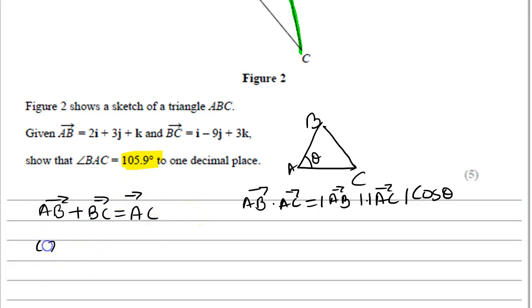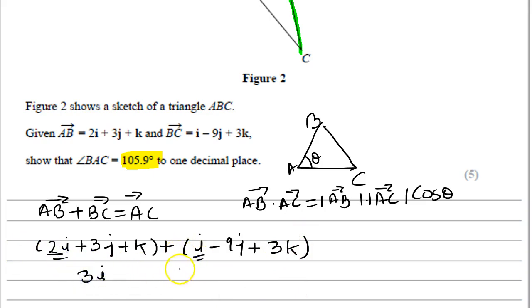AB is given here as 2i plus 3j plus k, and BC is i minus 9j plus 3k. And if you solve this, 2i plus i becomes 3i, 3j minus 9j is minus 6j, plus 4k. That is equal to AC. So we have calculated AC, right?